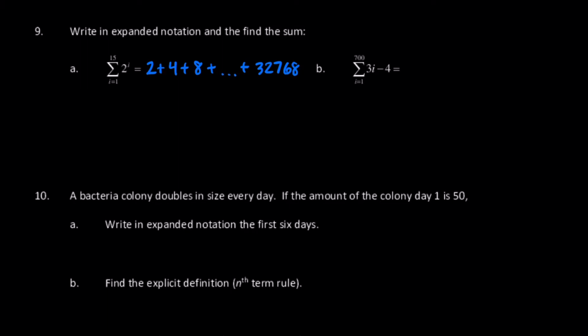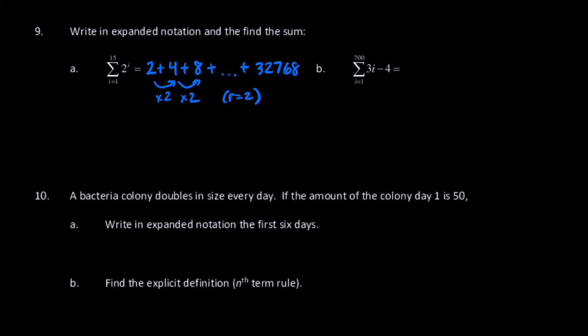Now, how the heck are we going to find the sum? I don't want to find all 15 of those terms. So what we do next is we identify what type of series this is. What are we doing each time? So if you look here, I'm actually multiplying by 2. That means it's geometric. I use my geometric sum formula. r is 2.